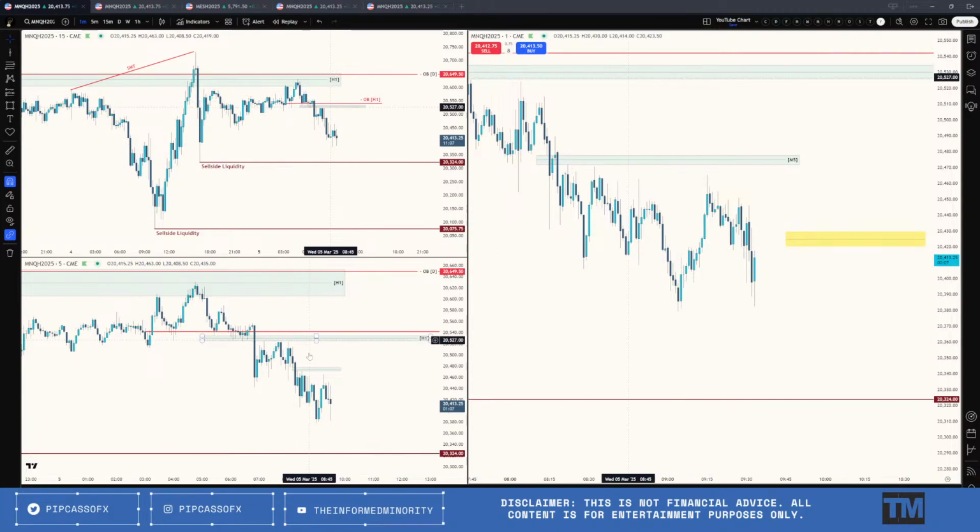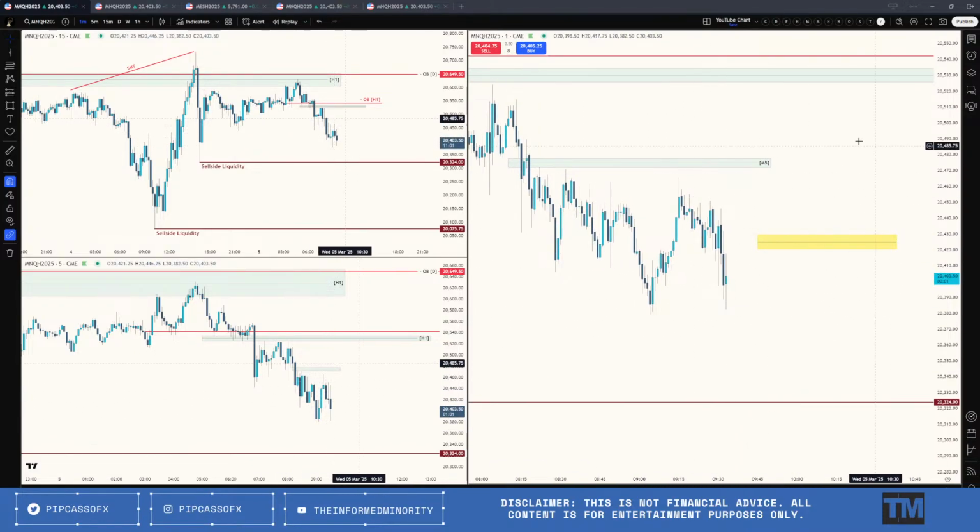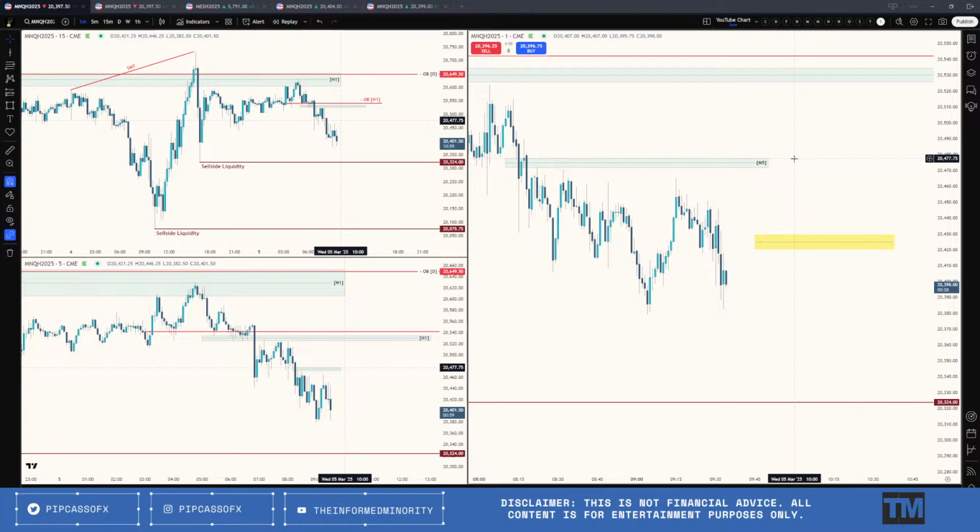I need to see things start to overlap. But the way this is looking, at least not right now, 10 o'clock is looking more favorable. Until I see something else, 10 o'clock is when we have the ISM numbers. That's looking a lot more favorable for us to look for a trade that's going to pan out versus trying to get in right now. It's just not clear yet right now. Not as clear as I would like.